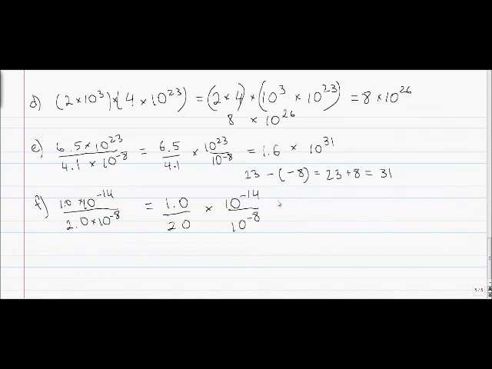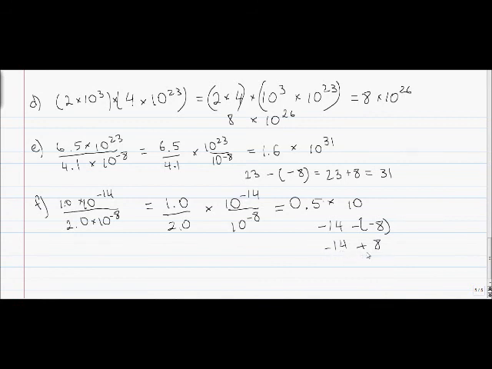So we just split. 1 over 2 gives us 0.5 times 10, and now it's negative 14 minus negative 8. Basically negative gives us positive, so it's negative 14 plus 8.